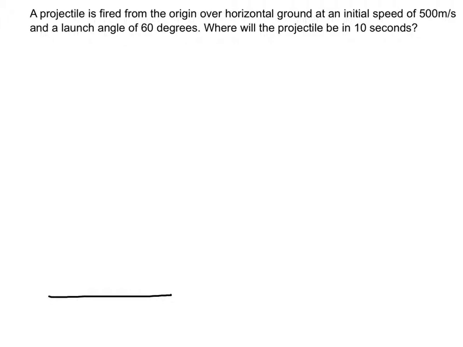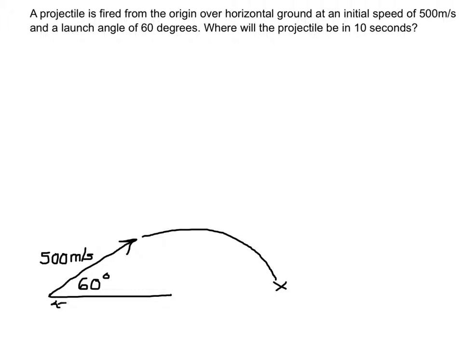We launch our projectile at an angle of 60 degrees and an initial velocity of 500 meters per second. And our projectile is going to go like this, and we want to know how far until, boom, it hits the ground. So we want to look at what is this distance, r, that it travels, r final, we could say.